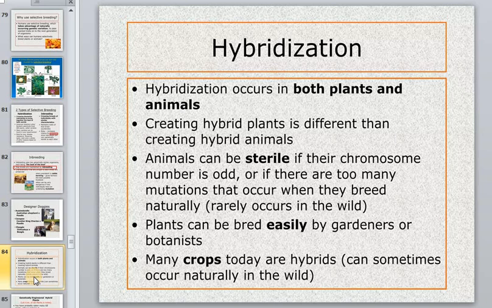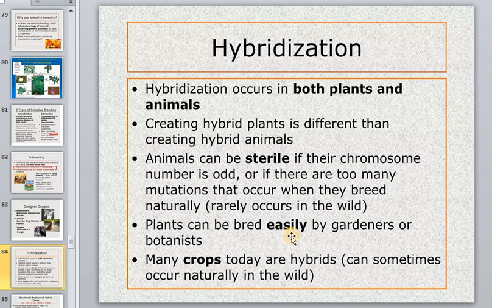Hybridization occurs in both plants and animals, and creating hybrid plants is different from creating hybrid animals. Animals can be sterile, very often sterile, if the chromosome number is odd, or if there are too many mutations. This rarely occurs when they breed naturally in the wild. Plants can be bred easily, but they can also be sterile.